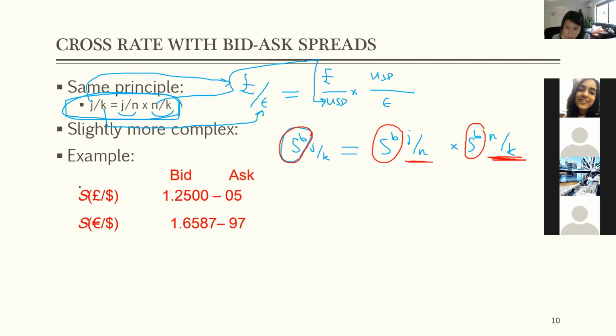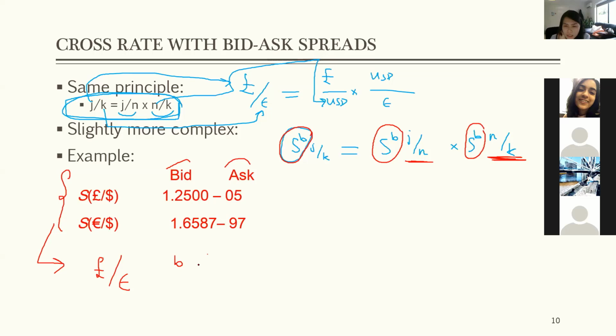So for example, now let's say I've got these two quotes from a bank, right? For the pound over dollar exchange rate and the euro over dollar exchange rate, okay? I've got the bid and I've got the ask prices for each of the exchange rates. What I want to find is the pound over euro bid and ask rates, okay?